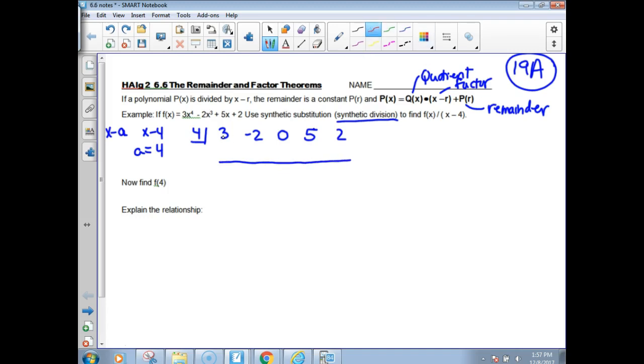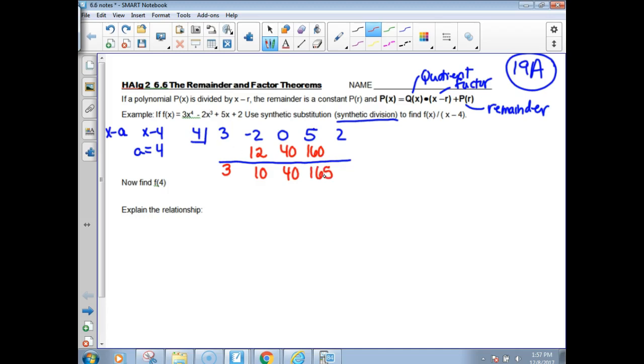So the first step in our synthetic division is drop down the first number below the bar. Multiply by what we're dividing by, 4. 4 times 3 is 12. Add vertically, we get 10. Multiply by 4, put it under the 0, we get 40. Add, we get 40. 4 times 40 is 160. Add vertically, we get 165.